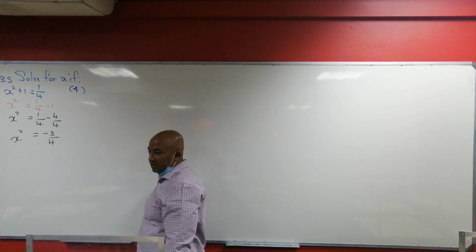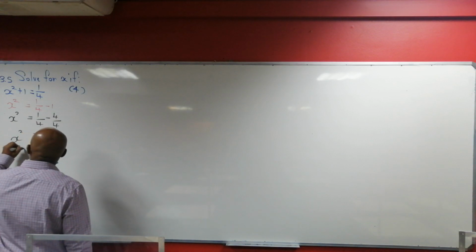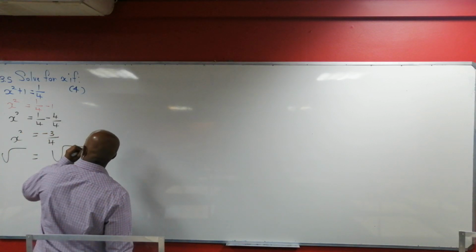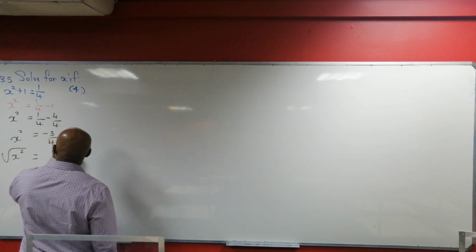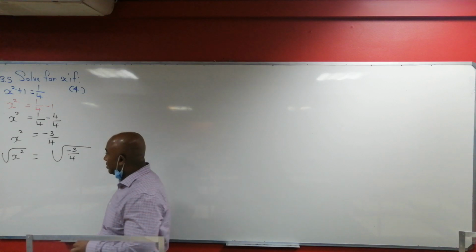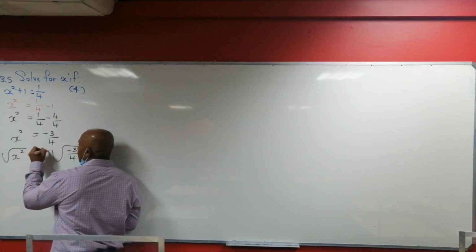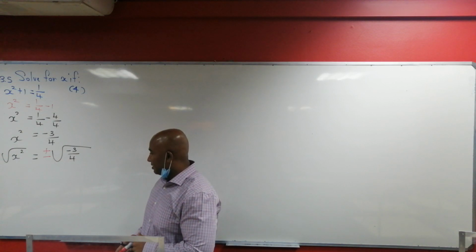So now, we find the square root of both sides. Remember that when you are finding a square root, there are two possibilities. So you must put both plus and minus.